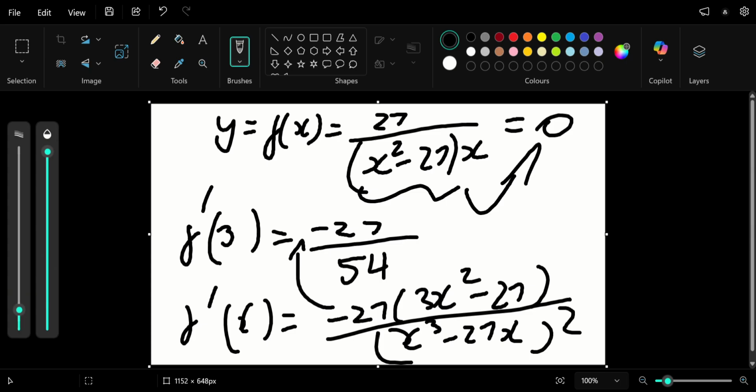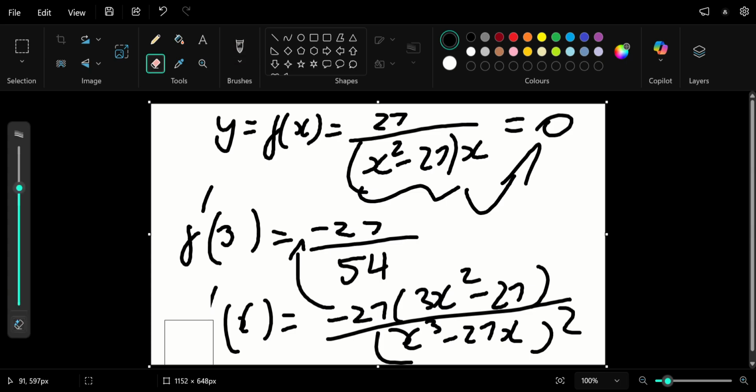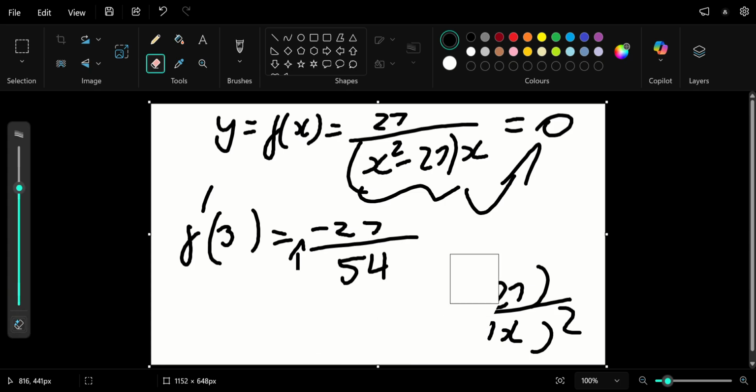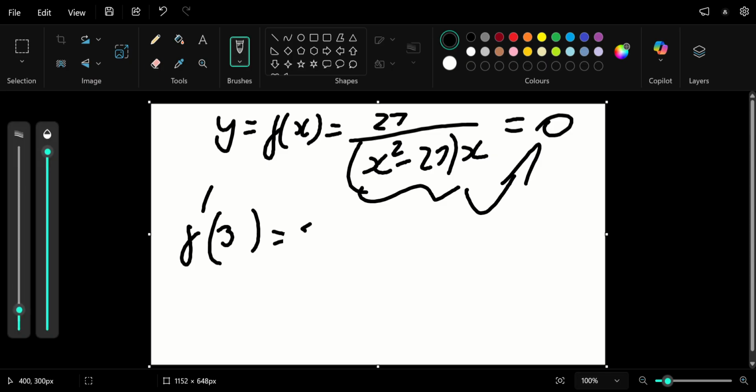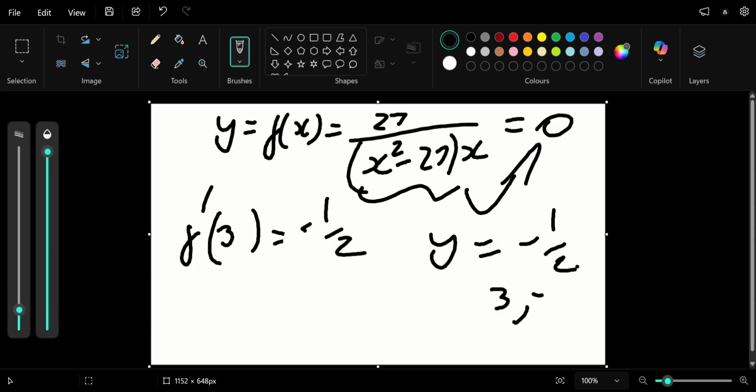That's where this minus comes from. Anyways, what that means is that that's just equivalent to minus half, isn't it? Simplify that. The y coordinate when x equals 3 is minus half. So we have a first stationary point at 3 and minus half.